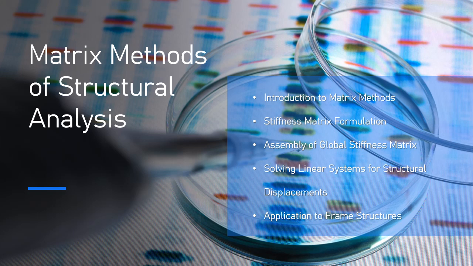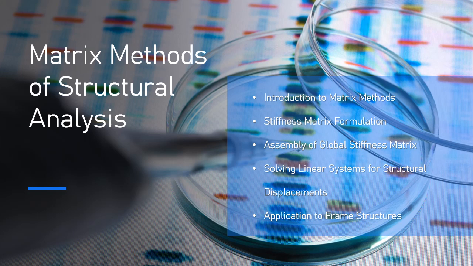2. Transformation of local stiffness matrix to global coordinates. For each frame element, the local stiffness matrix must be transformed into the global coordinate system. The local stiffness matrix is formulated in terms of the local axis of the element, usually aligned with the beam, but we need to express the element's behavior in the global coordinate system to form the global stiffness matrix.